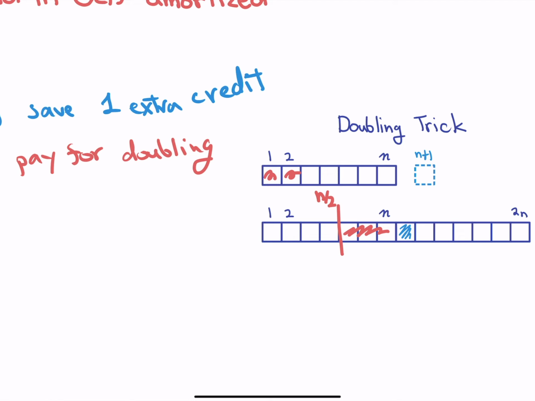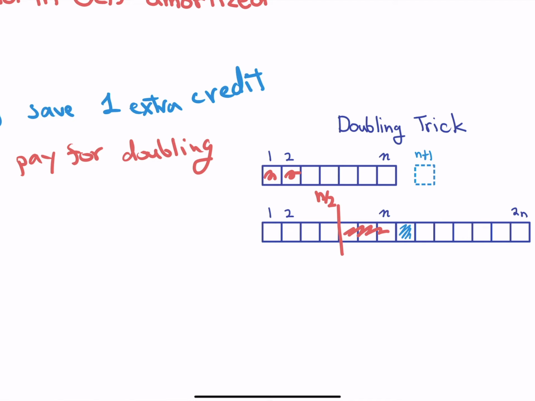Since the last time I doubled, we did get n over 2 credits, so I do have n over 2 credits in the bank by the time I get to n. We'll just have each credit count as 4 units of work instead of 2 units of work, and that's totally fine. The point is that we have something proportional to n credits in the bank.